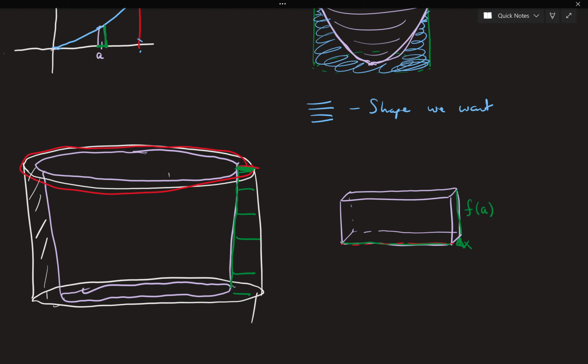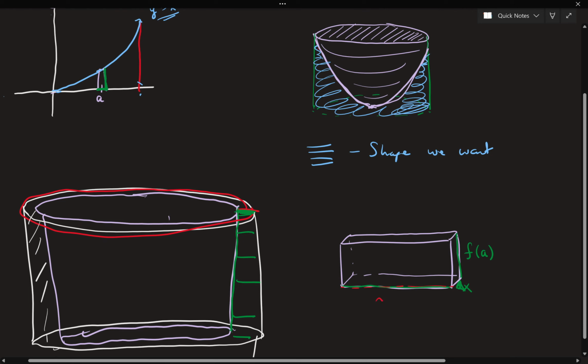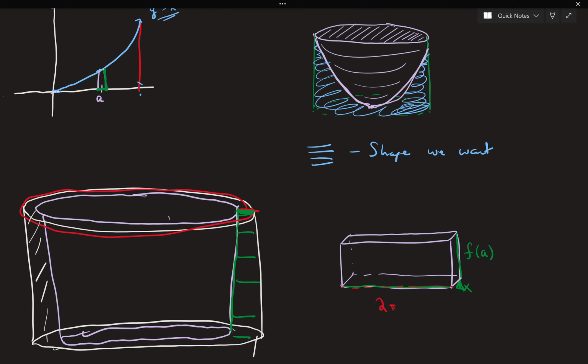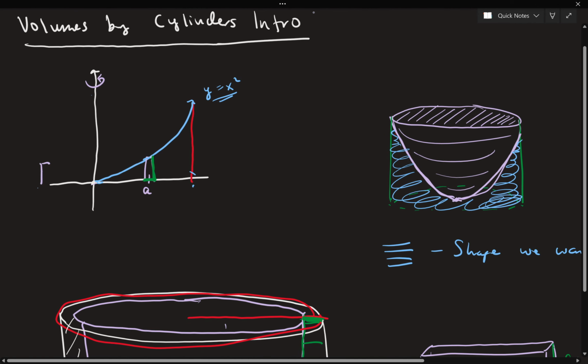So this is the actual circumference of the cylinder, which is 2 pi r. But what's the radius of this circle? If we go back to the actual picture, the actual cylinder looks like this.